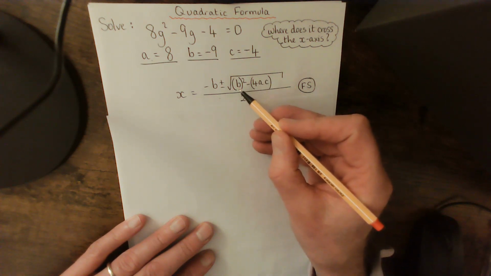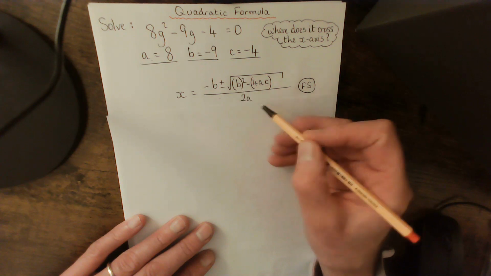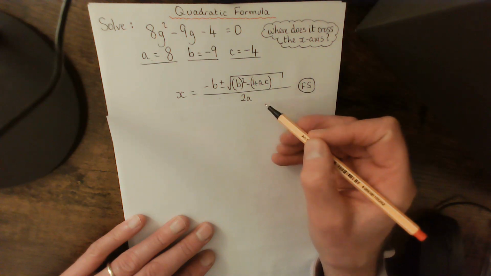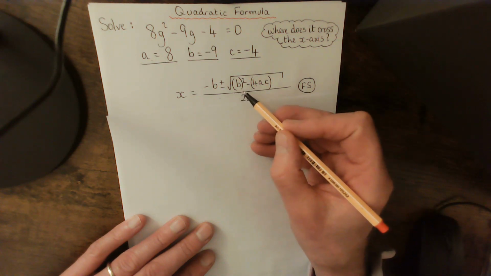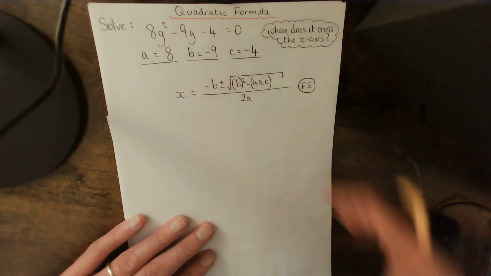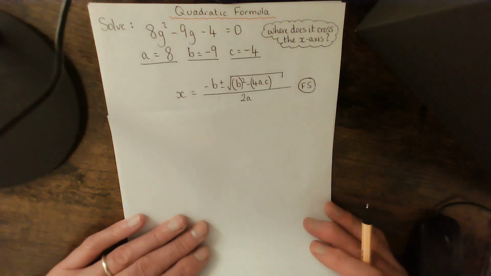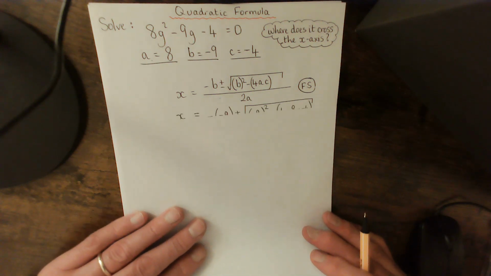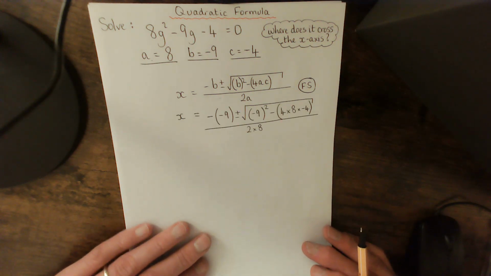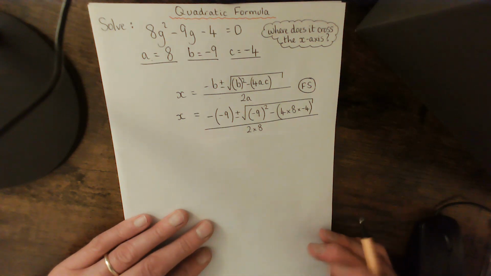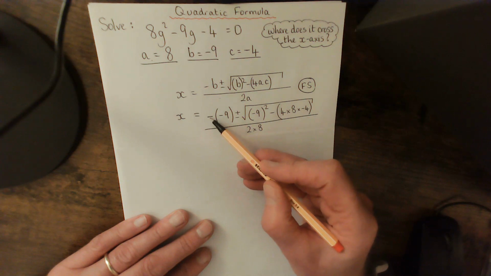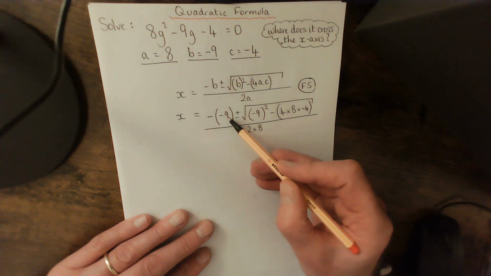You might notice that I'm putting the b value here in a bracket, and I'm putting the 4ac also in a bracket, and that's to protect you from the negatives that I've put in the question. I'm then going to substitute my a value, b value and c value, and I'm going to drop them into the formula. Please notice it's negative b, so there's the negative, and I'm placing the b value in the bracket.